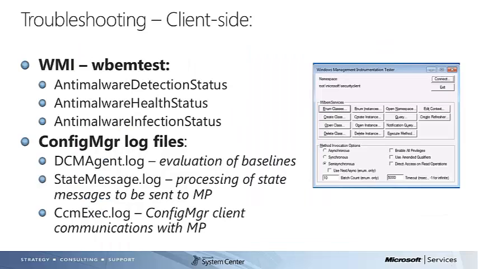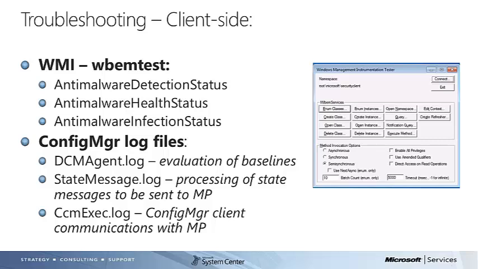The other things that you can actually leverage as part of your troubleshooting, if you're comfortable using WMI or maneuvering around in WMI, you can use WBEMTest. By connecting to the root Microsoft Security Client namespace, you can drill down into those different namespaces and classes to figure out, is that information actually being logged into WMI?